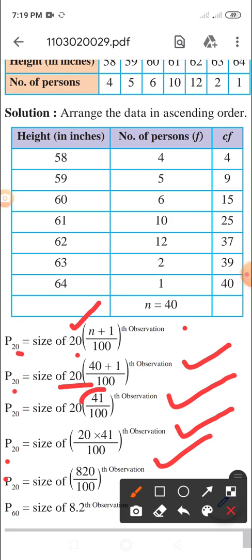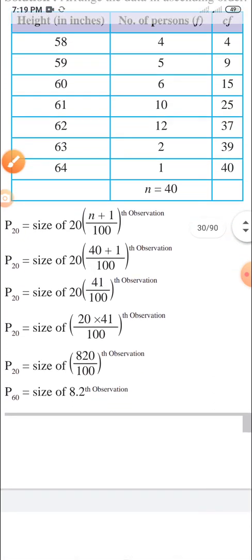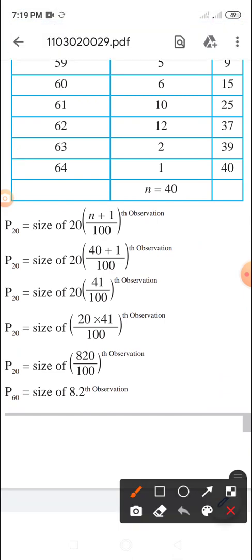So P20 is equal to size of 8.2, that is the 8.2nd observation.